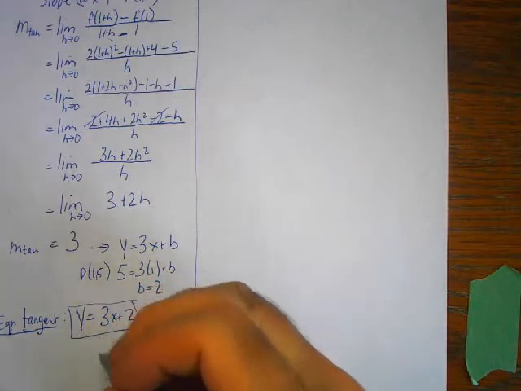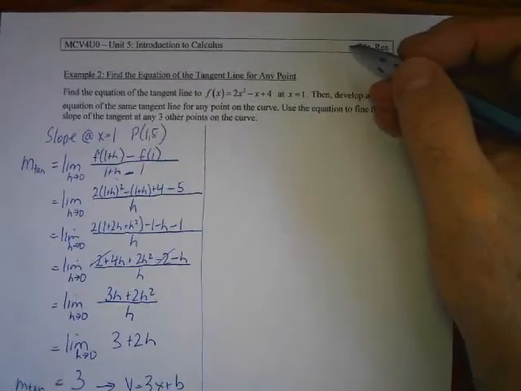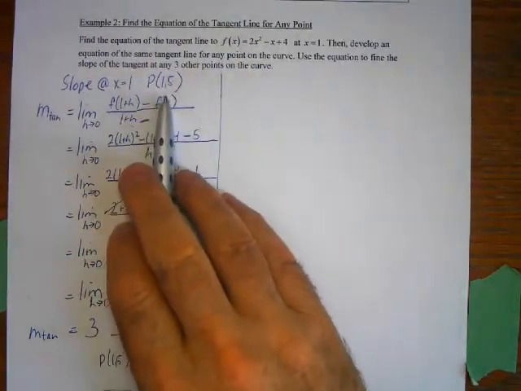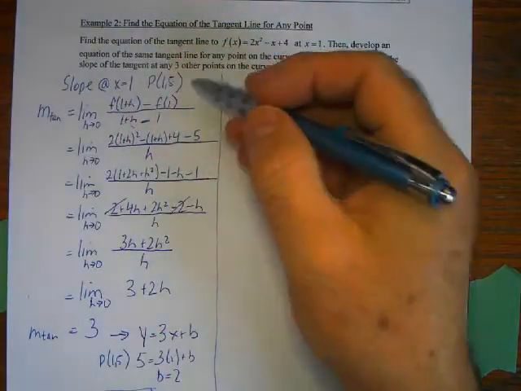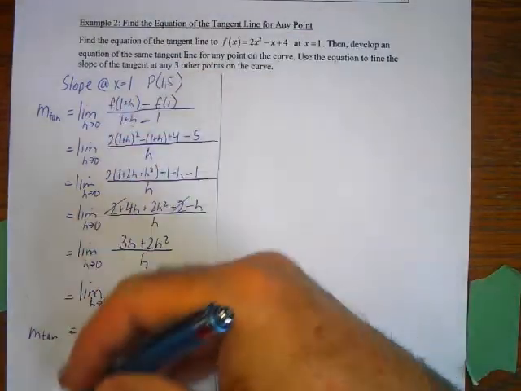Okay, so the second part of this. Now the problem here, if you can imagine, say part B of this question was, now find the slope where x is equal to 4. We'd have to do this whole thing all over again, and that can be very time consuming.